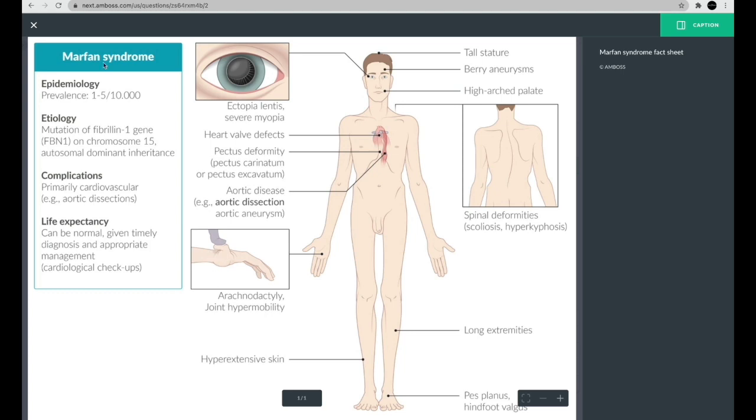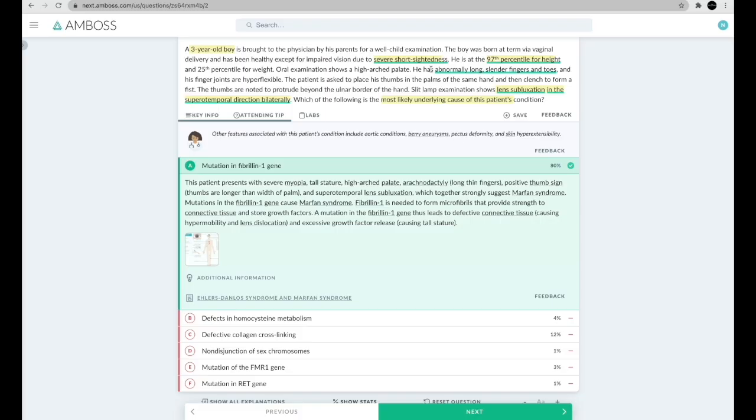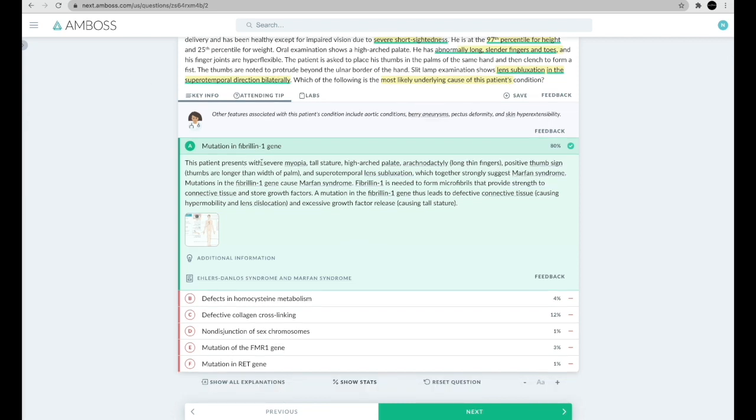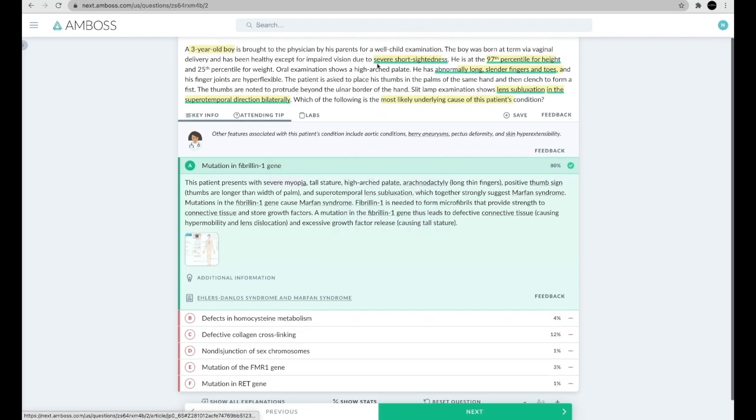By the way, this test, I'm gonna look for it here, abnormal long, slender fingers and toes. So yeah, patient presents with severe myopia here, tall stature here, high arched palate here, okay, arachnodactyly, long fingers right here, and supratemporal lens subluxation right there, okay.